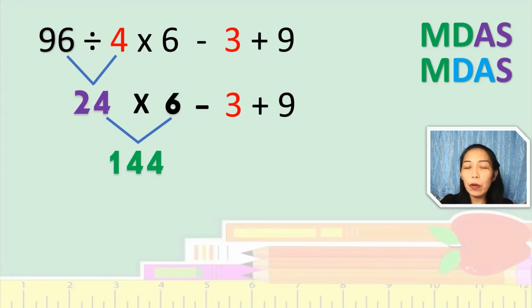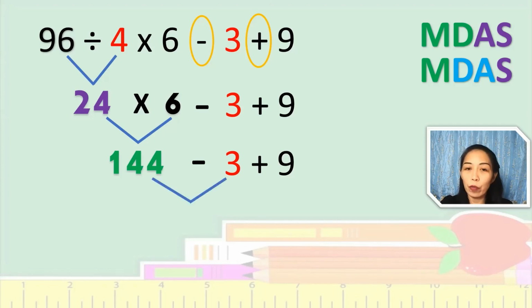Okay, so unsaon man na ma'am? Since pinakalast na tong operation si multiplication, ang answer na 144, maoy atong minusan sa 3. Okay, copy it. So let us have 144 minus 3, that is 141. Kinahanglan jud ta magsugod kung asa ta ni human.